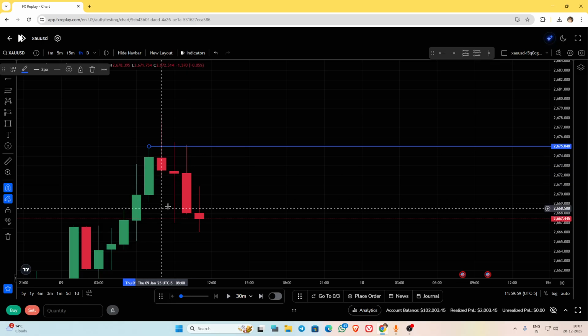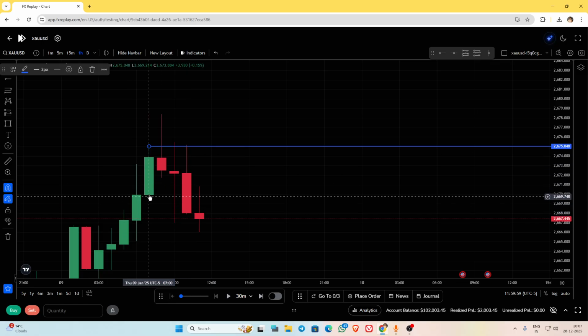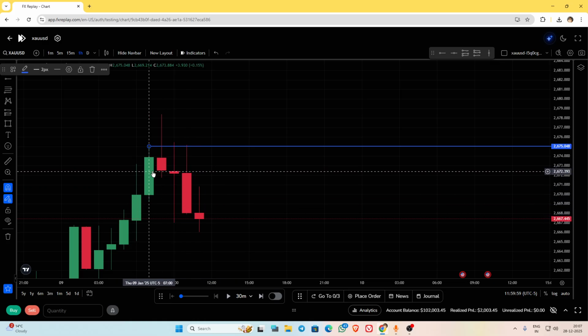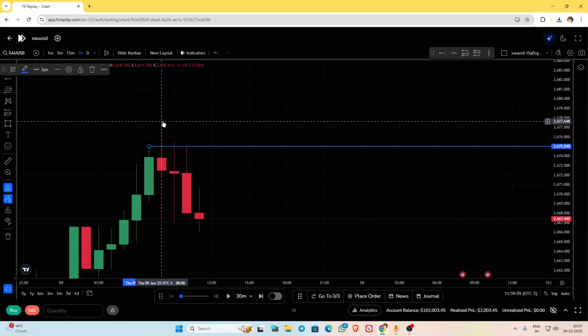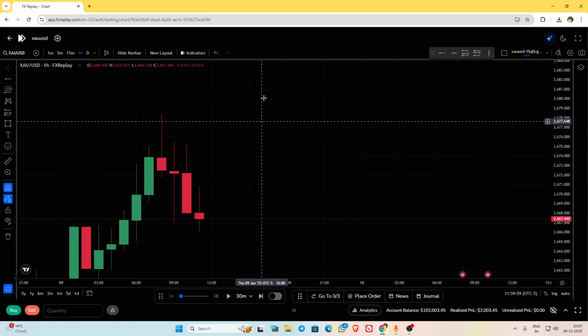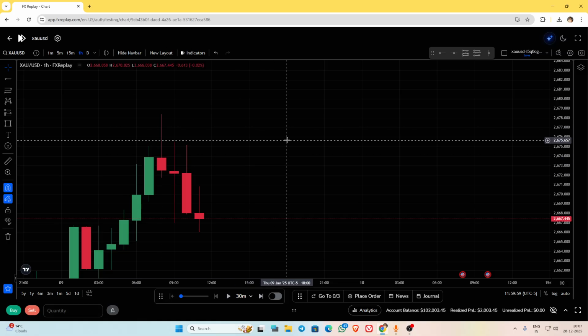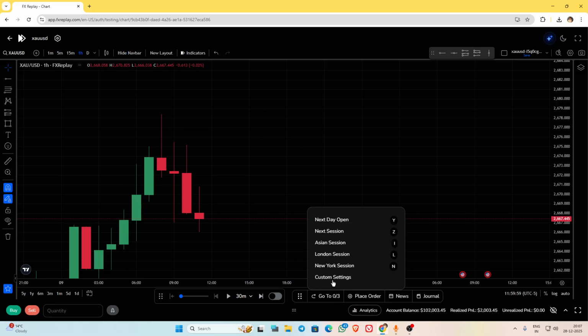So don't mark POIs below the 7 a.m. candle, and wait for the 8 a.m. candle to close above 7 a.m., or the 9 a.m. candle to close above the 8 a.m. candle. This is the mistake I have seen most of the people doing.